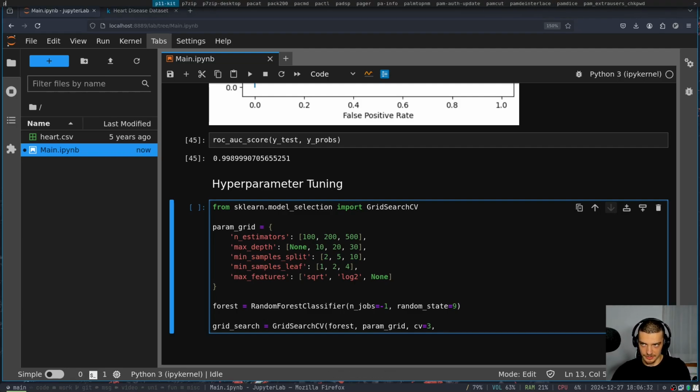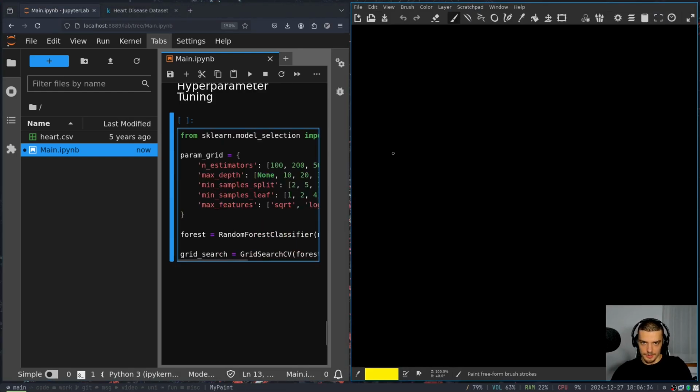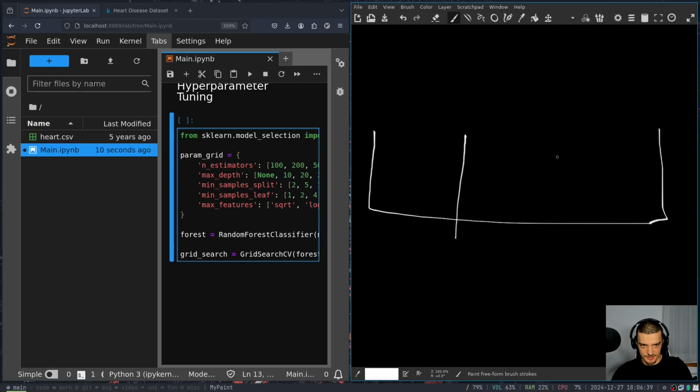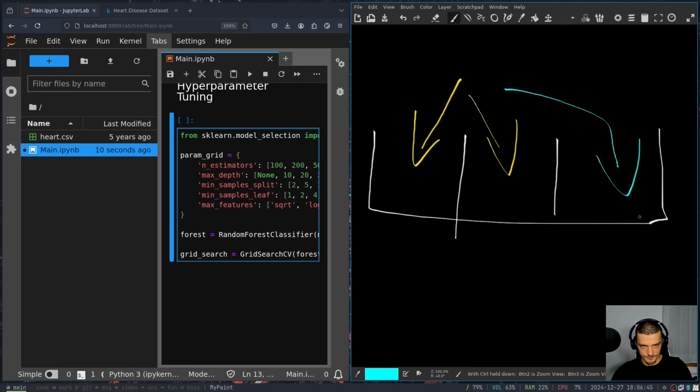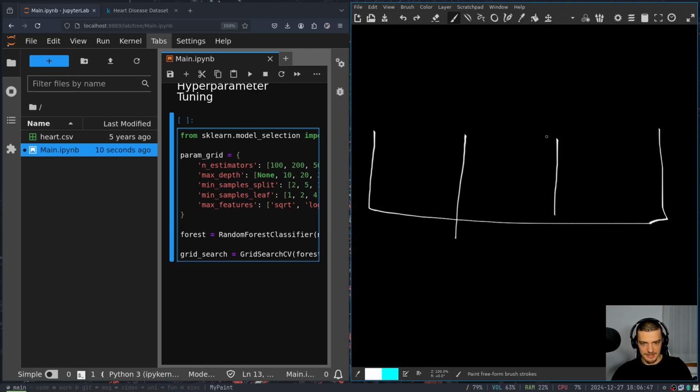So maybe to show this visually, this would be all of my data. I make a split like this. I use these two for training and I evaluate the model on this one. Then I use these two for training and I evaluate the model on this one.